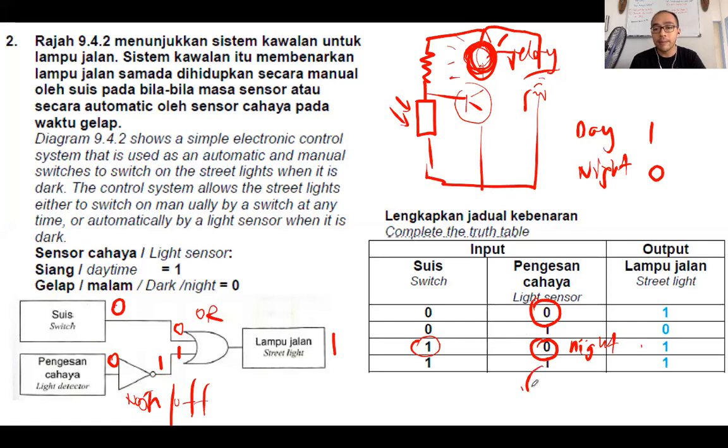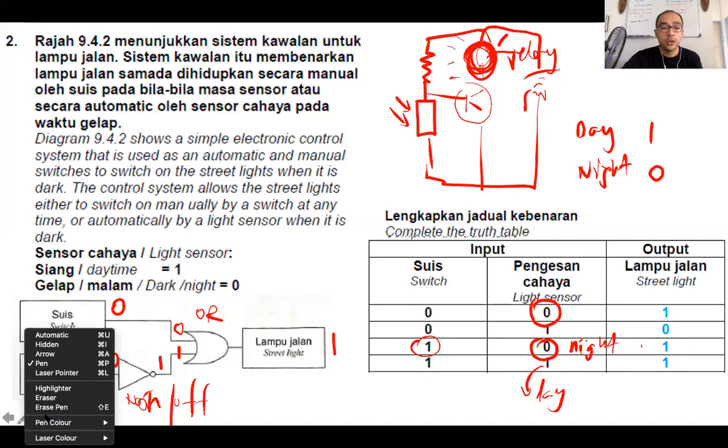But how about this? This is daytime and the switch is on. Now, in daytime usually the street lights will be off, but because the switch is on, the street lights will still be on. And we use a combination of these logic gates to help us see how.